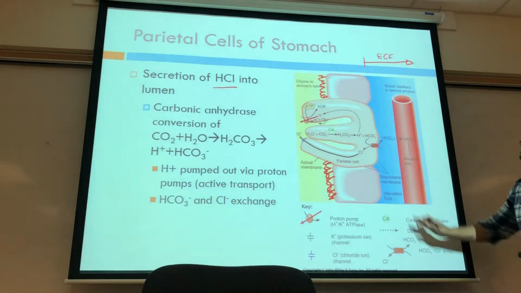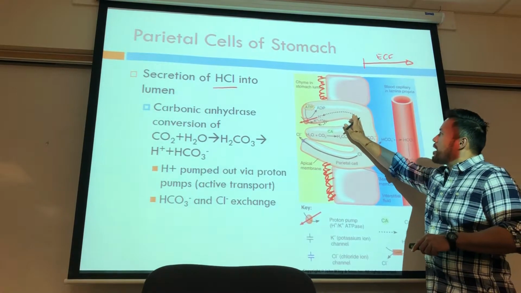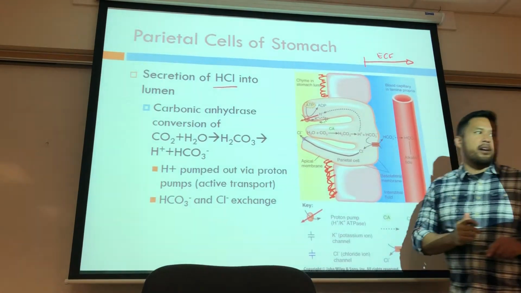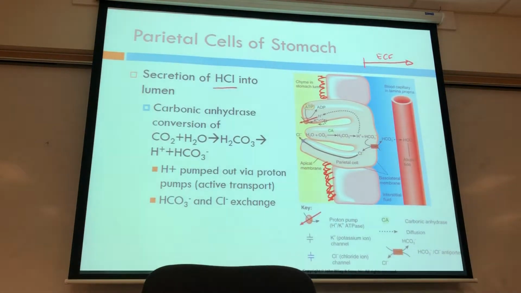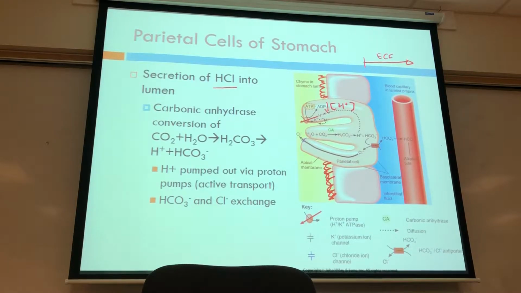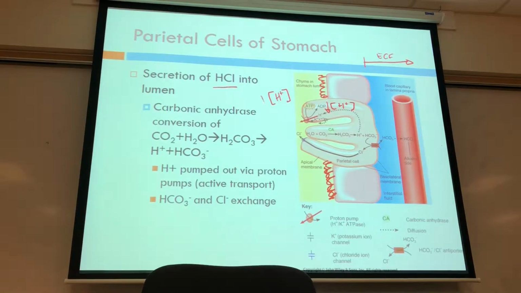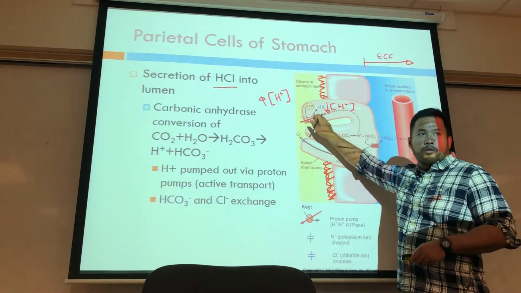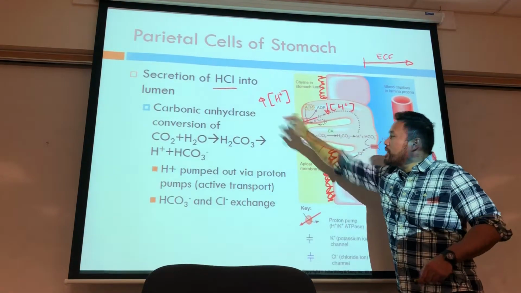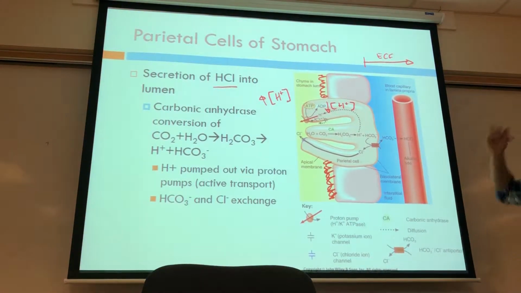And given that our hydrogen ions are moving from a low concentration of hydrogen ions, okay, so here the concentration is low, into a very acidic environment where we have a very high concentration of hydrogen ions, we're moving against the gradient. We've got to pump those hydrogen ions out into the lumen. So therefore, we're going to use ATP.